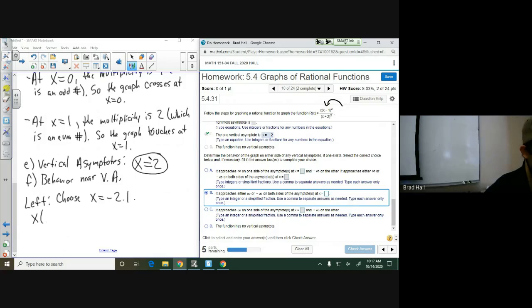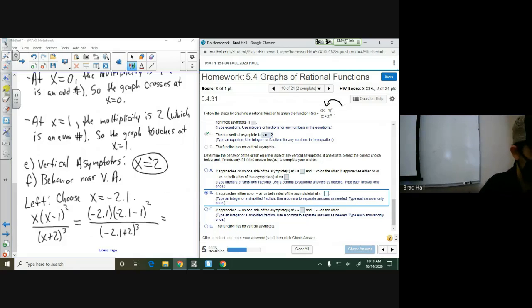So now instead of x times (x minus 1) squared over (x plus 2) to the third, this is now -2.1 times (-2.1 minus 1) squared divided by (-2.1 plus 2) to the third. Let's go ahead and plug in all of that.